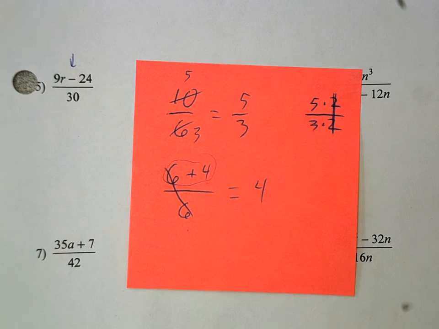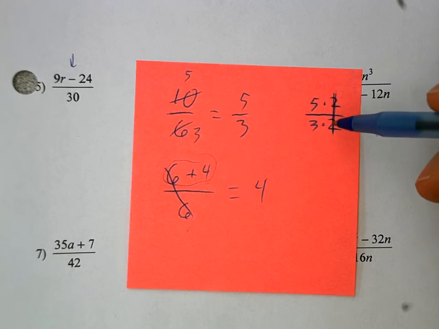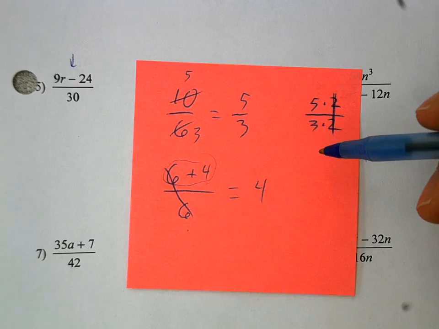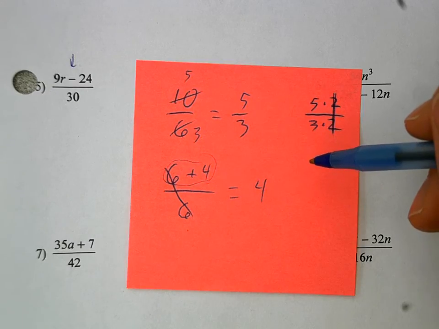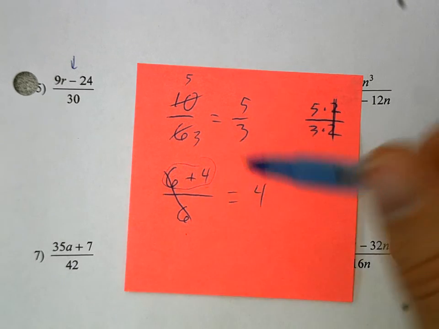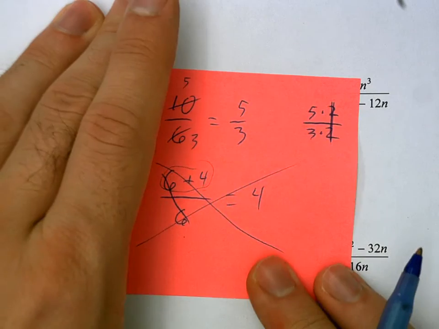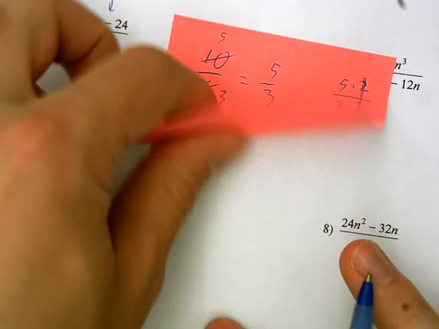We divided both of them top and bottom by 2. This is fine. Canceling out stuff that's multiplied together is what we normally do. That works perfectly. That's what we're supposed to do. You cannot cancel out stuff that is added or subtracted. This does not work.